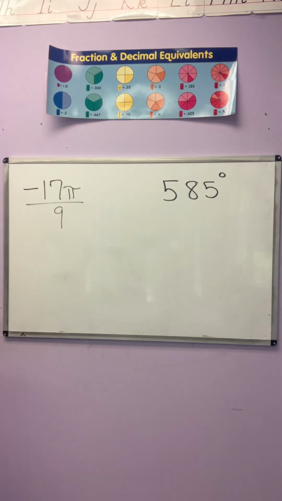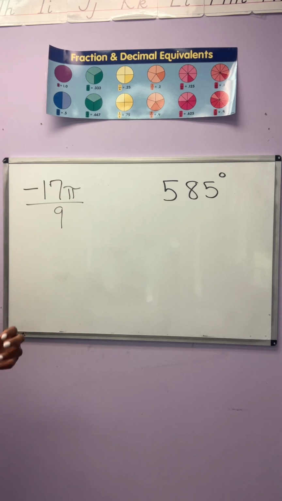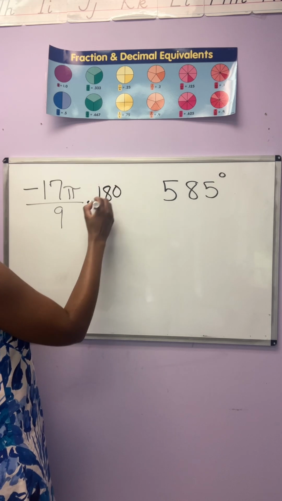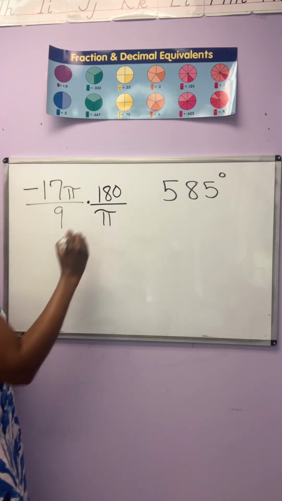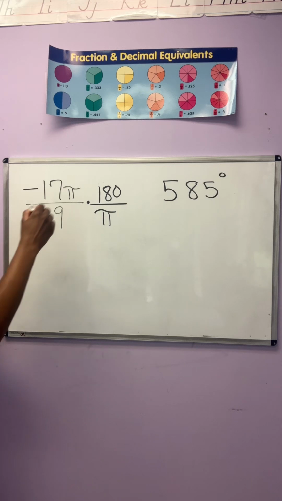Okay, so the first one is written in radian. So it's negative 17 pi over 9. To change from radian to degrees, what you would need to do is multiply top and bottom by 180 over pi. So now your pi's will cancel, because that's just an algebraic rule that when you have the same number on top and bottom, they cancel.